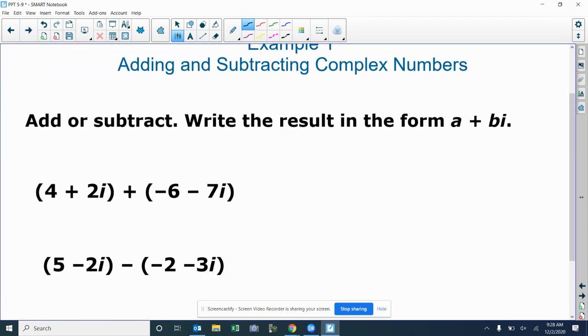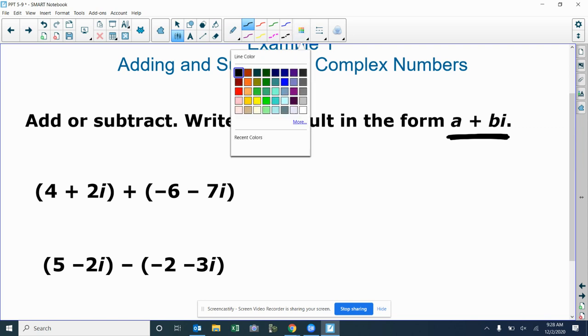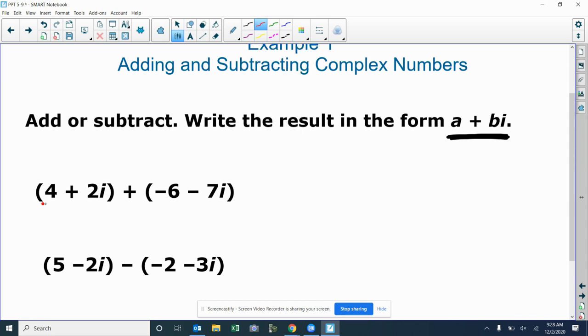Add and subtract. Well, when you add and subtract complex numbers, you just add or subtract their like parts, okay? Also remember, we're always gonna have it in this form right here. Remember the real part first and the complex part second. So this first guy here is really very simple. You would want a bunch of these on your assessment. We have the real part of 4.